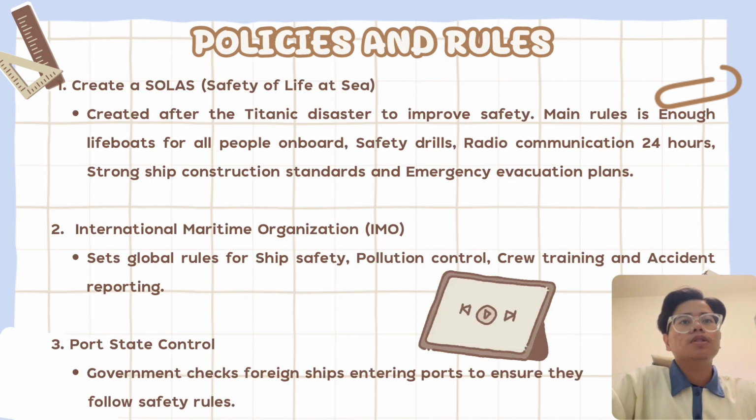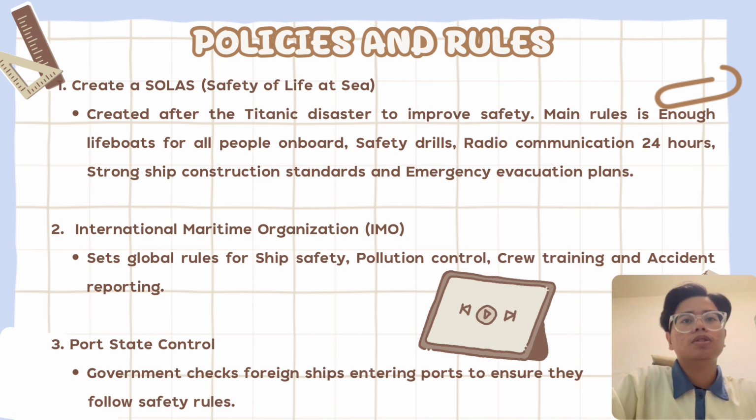And then for policies and rules, the first one is SOLAS, which is Safety of Life at Sea. It was created after the Titanic disaster to improve safety. The main rules are enough lifeboats for all people on board, safety drills, radio communication 24 hours, strong ship construction standards, and emergency evacuation plans.